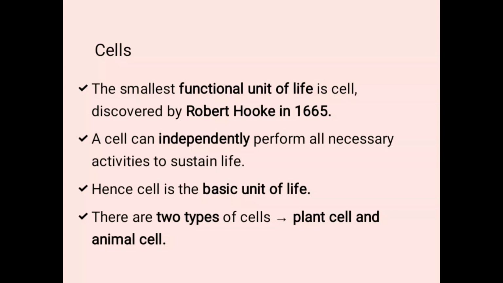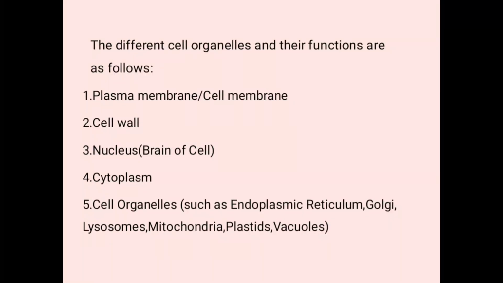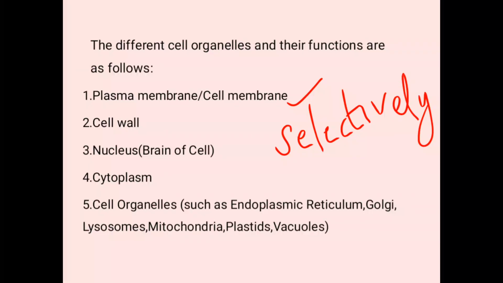We have two types of cells. One is the plant cell, another one is the animal cell. In our cell we have different cell parts such as the plasma membrane, also called the cell membrane or selectively permeable membrane. It has different names.